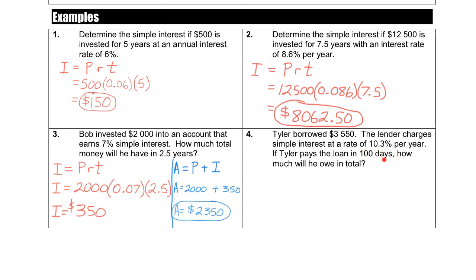So you're going to have to change days to years. Well, it's really not as hard as it sounds. You just set this up as a fraction. There's 365 days in a year, so this is 100 over 365. That's how much it is in a year. So try this one on your own and then check back in to see how you did.